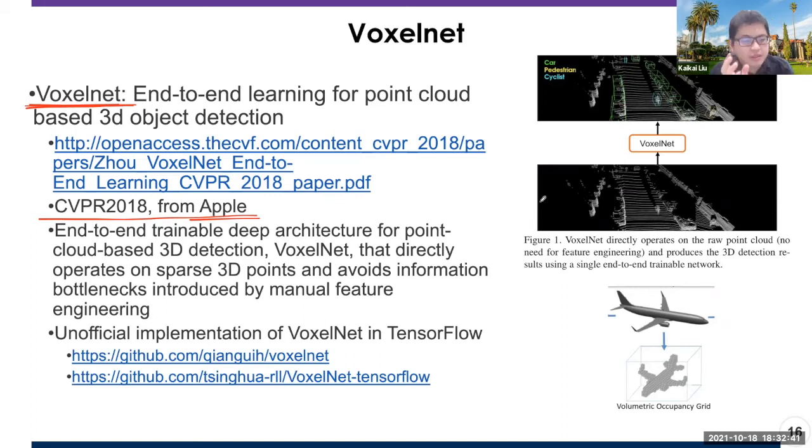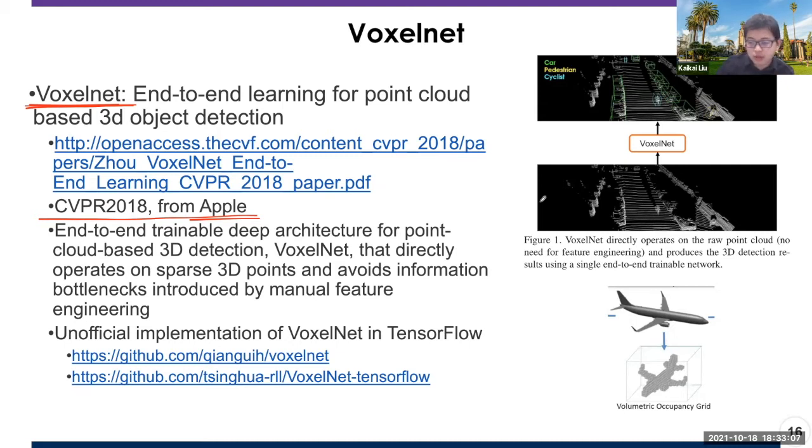One interesting thing about this paper is they propose an end-to-end deep learning architecture, right? And they can learn the 3D features from the 3D point cloud. It's not like previously, when you do projection, you set up features manually. These features are automatically learned.